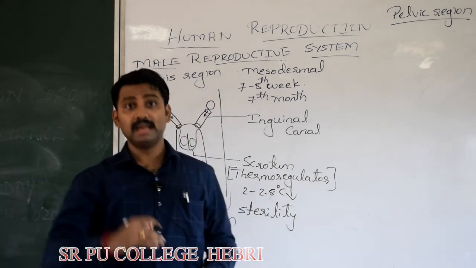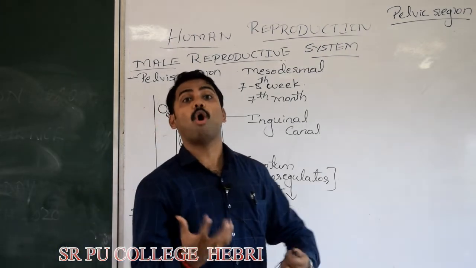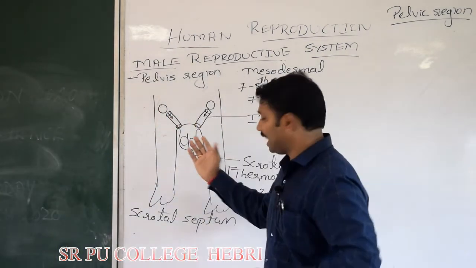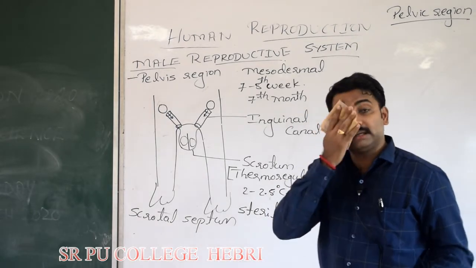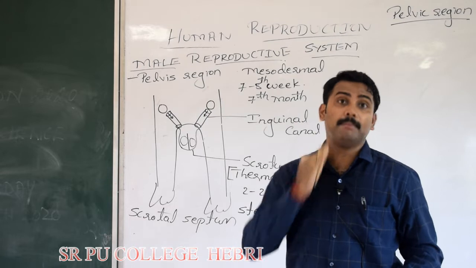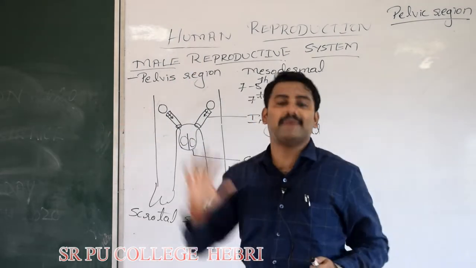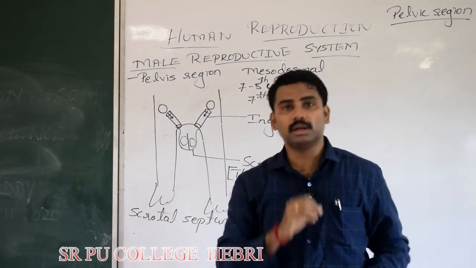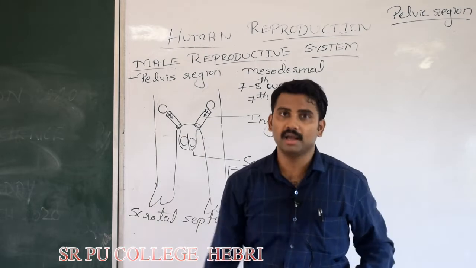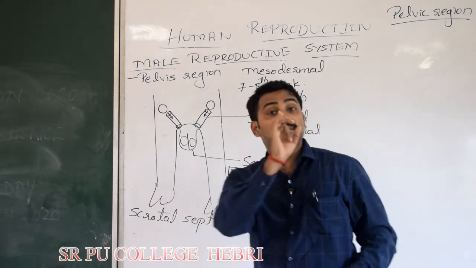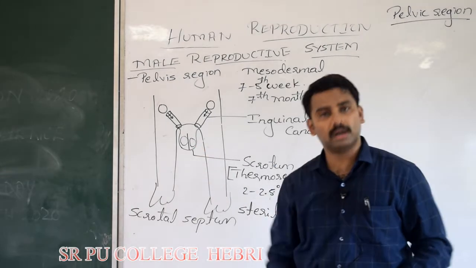That is the reason why it is said that a male has to avoid very hot water baths, which can affect spermatogenesis, and avoid wearing tight innerwear and very tight jeans. A male riding a bike continuously for 6-7 hours, or working in an industry where the temperature is very high, may fail to maintain the lower temperature.